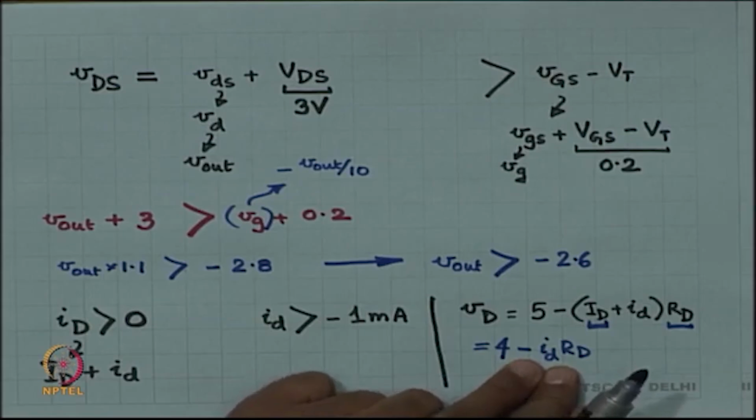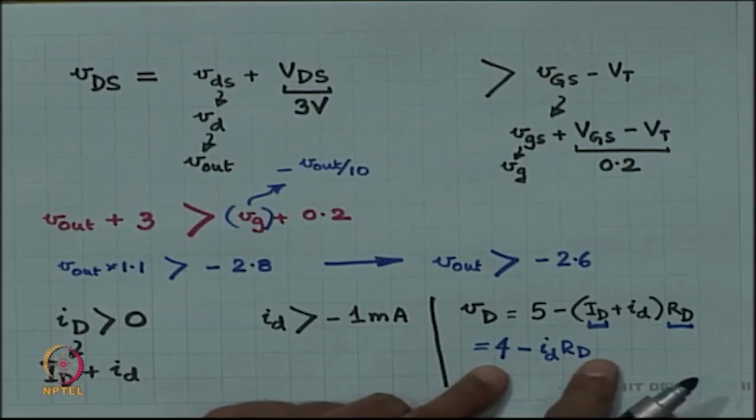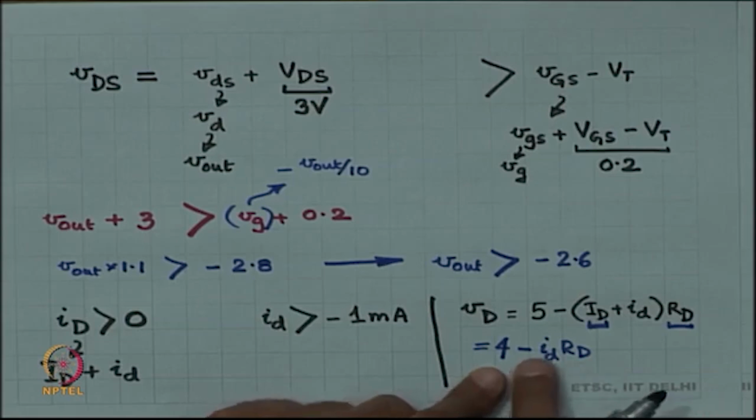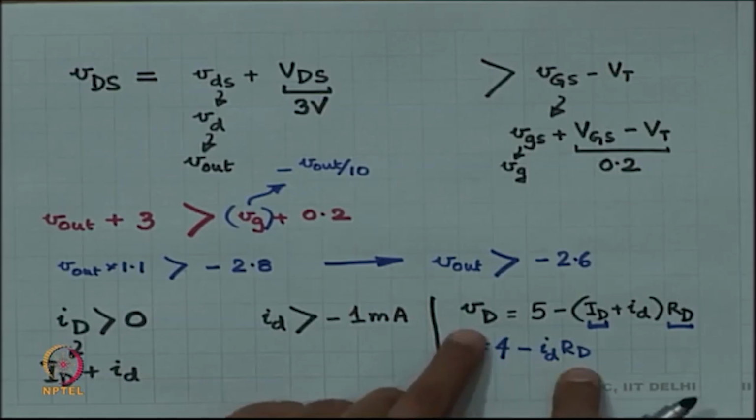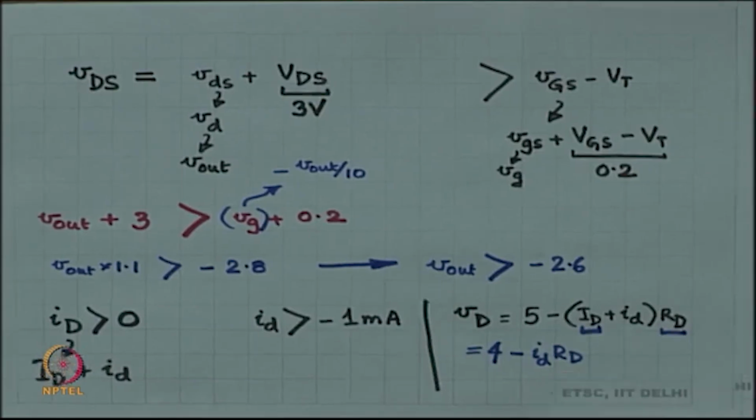That means, the largest value of Vd is how much? 5 volts. RD is 1 kilo, minus 1 RD, another minus. So, this whole thing is a plus 4 plus 1. So, the largest value of Vd is 5 volts.